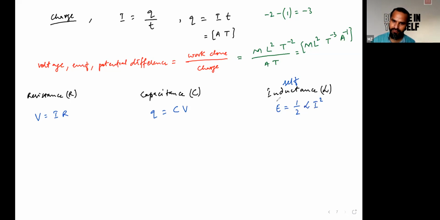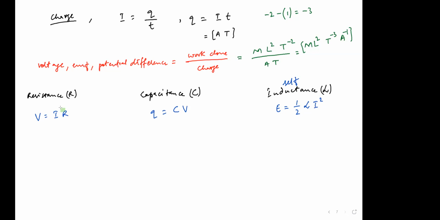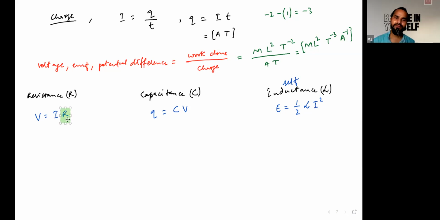We have the dimensional formula for energy and electric current, just rearrange them to find L. Is it clear to everyone? So inductance is the property of a coil to oppose variable current through it. You will learn these three terms in more detail in class 12.